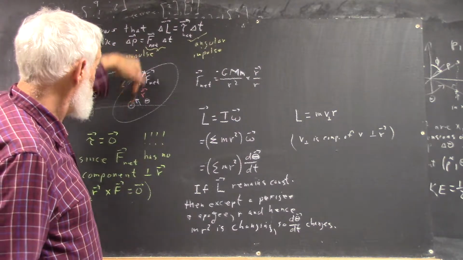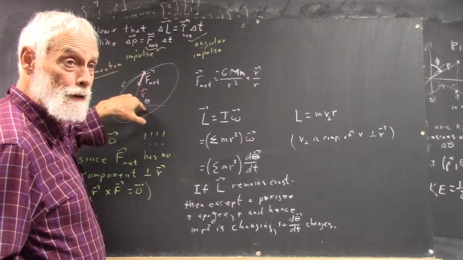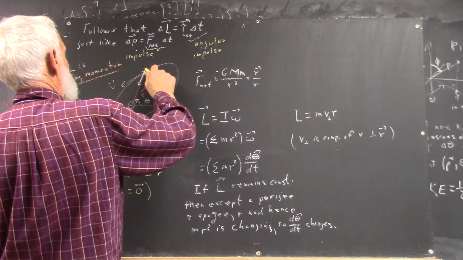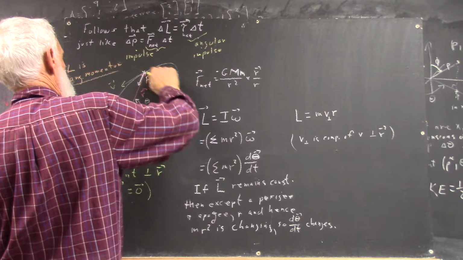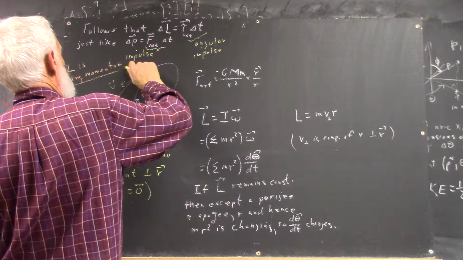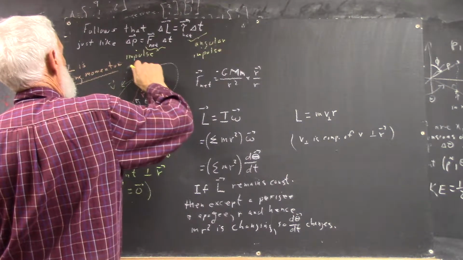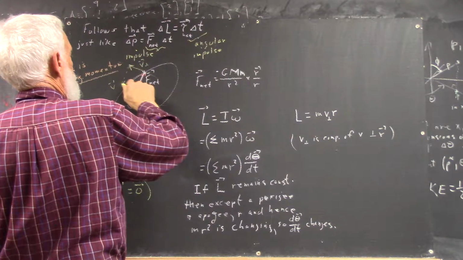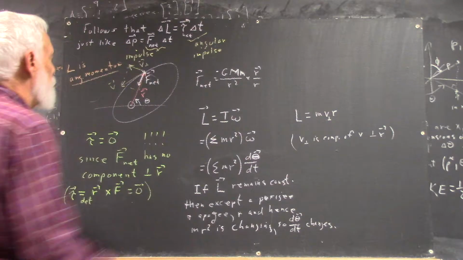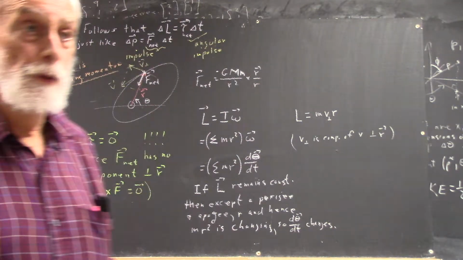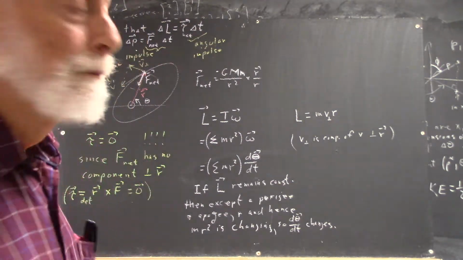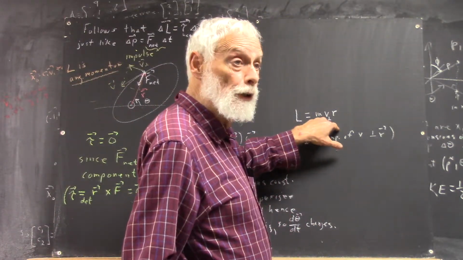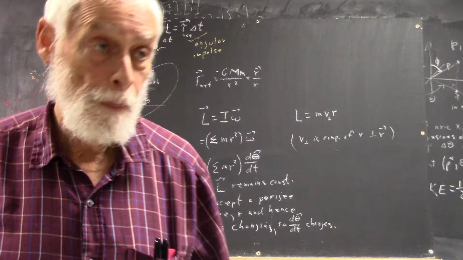Yeah, one toward the center doesn't change the angle, right? So here you have V, here you have V perpendicular, and of course you'll have your V parallel, and I'm not going to clutter up the picture with it. So you have L equals M V perpendicular times R.